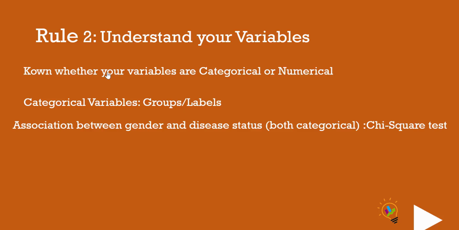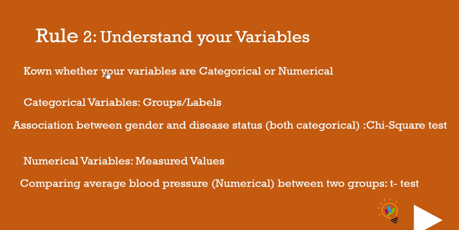For example, we want to find the association between gender and disease status, then we are going to use chi-square test. If you want to compare numerical variables, for example, blood pressure between two groups, then I am going to use the t-test.